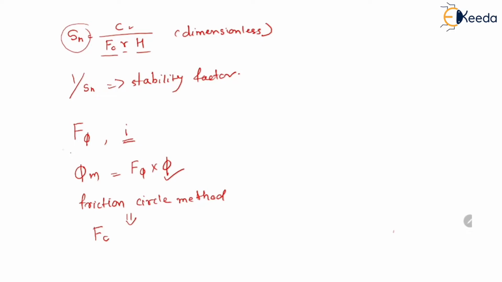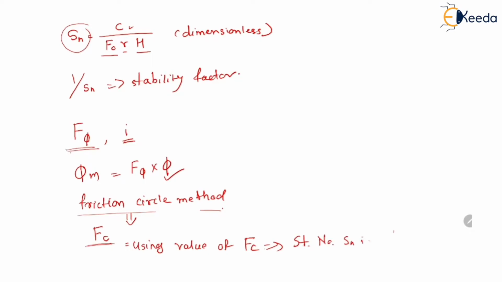In short, he obtained the value of Fc using the value of F phi by the friction circle method, and then by using this value of Fc he determined the value of stability number.